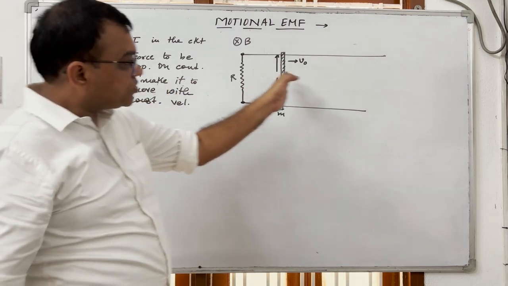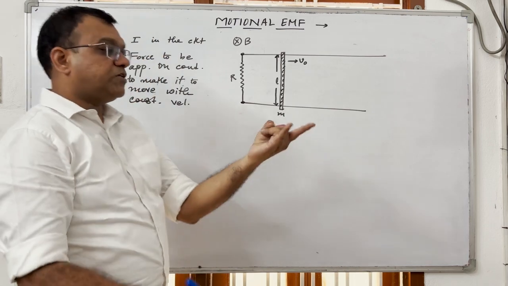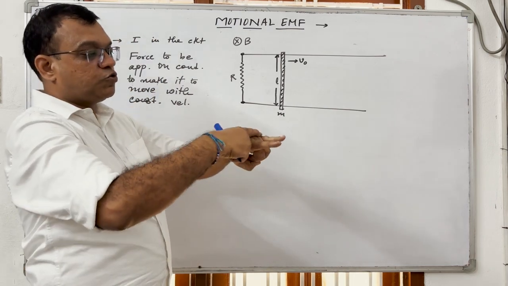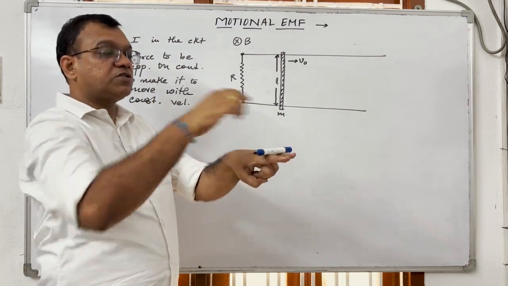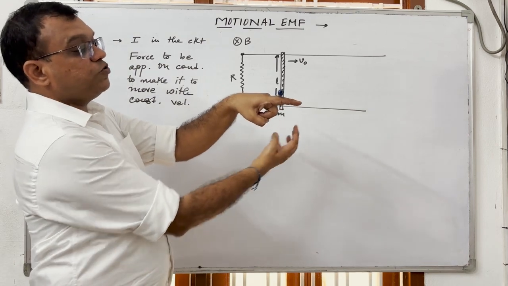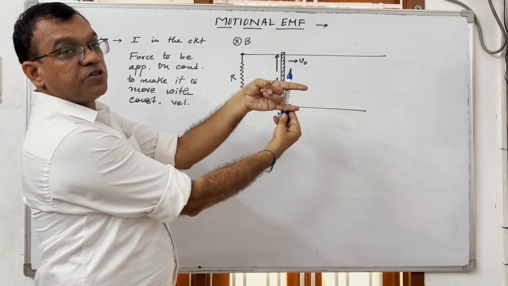It is like this: a U-shape, one resistor, this conductor, the magnetic field is into the page, and this arrangement has been shown to you in this way.